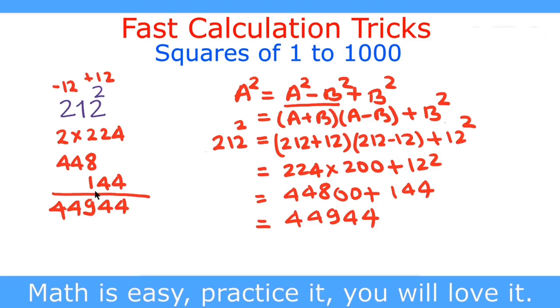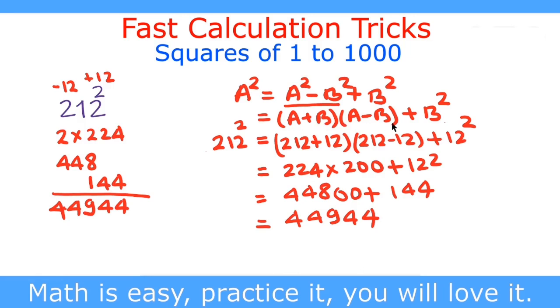We had written 2 multiplied by 224, which is 448, and then we had added the square of 12, writing the square of 12 as 144, and writing 44 and carrying 1 and writing 1 below 8, and then we had added to get 44,944. And this was the concept behind this short trick.